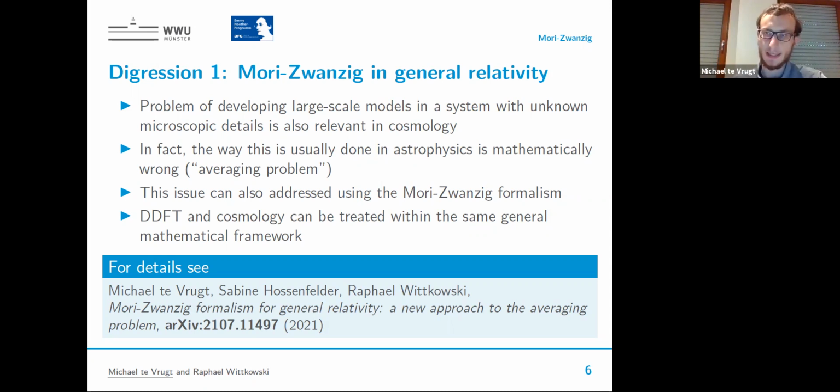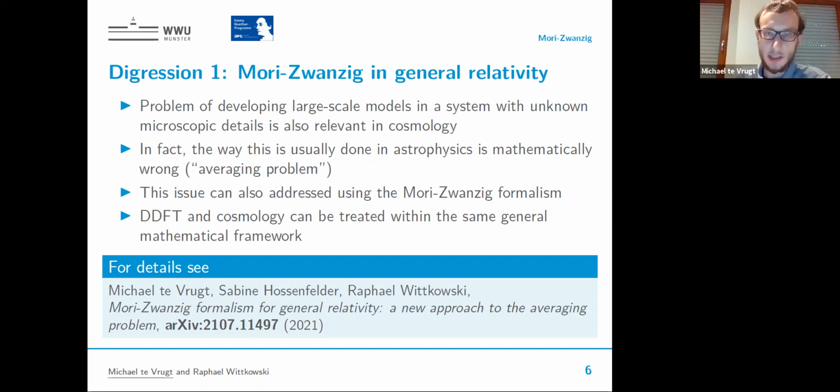average description. And what you're then usually doing in sort of an introductory general relativity lecture, and also in astrophysics as it is currently done, you're assuming that the density is homogeneous, so you're inserting the average density of the universe into the Einstein field equations and solving it, and this gives you the Friedmann equations.